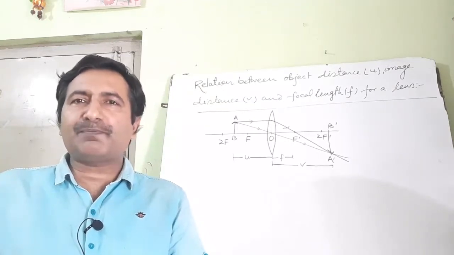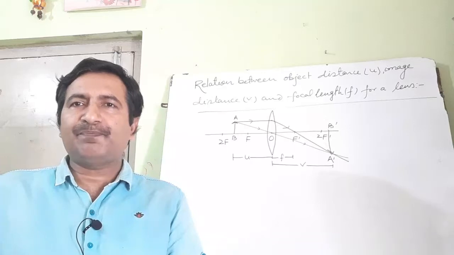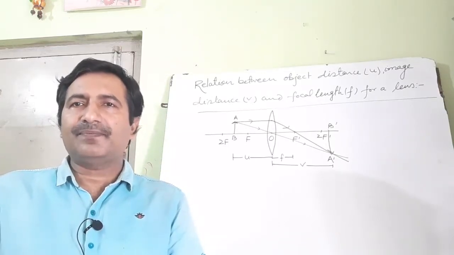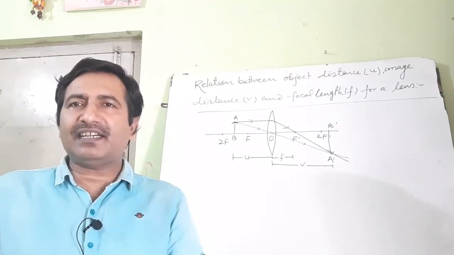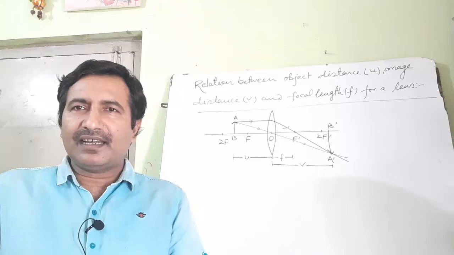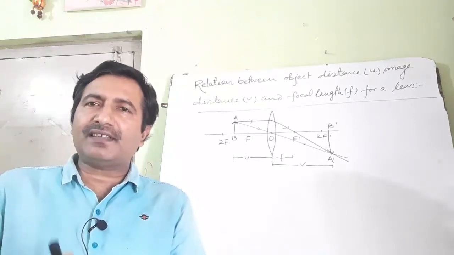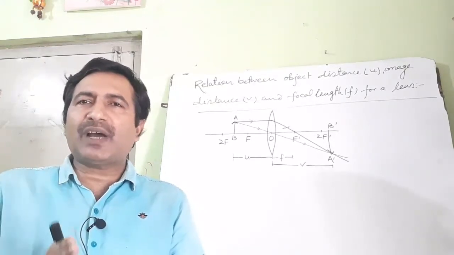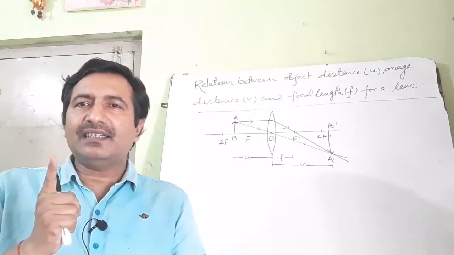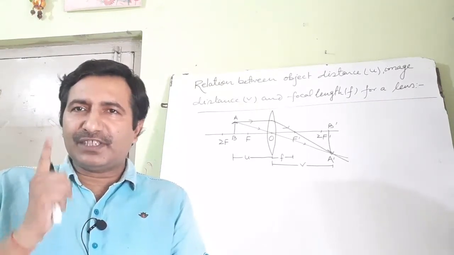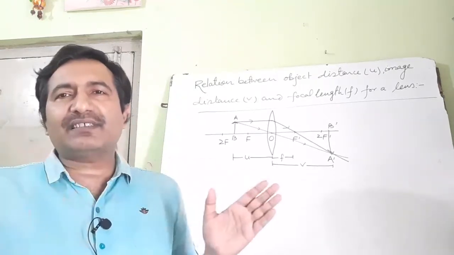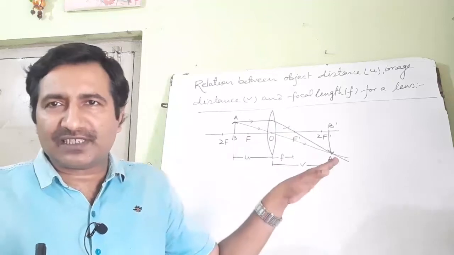When an object is placed between optical center and focus of a convex lens, its image is obtained behind the object. Got it? And that image is magnified, virtual and erect. And in that situation, image distance is also negative. And in all other situations, the image distance is positive.